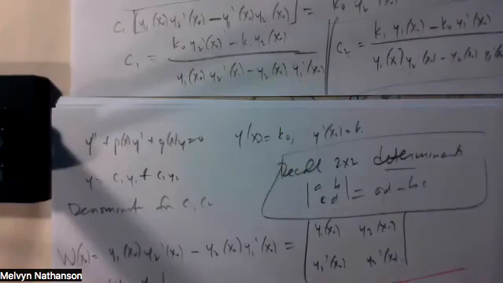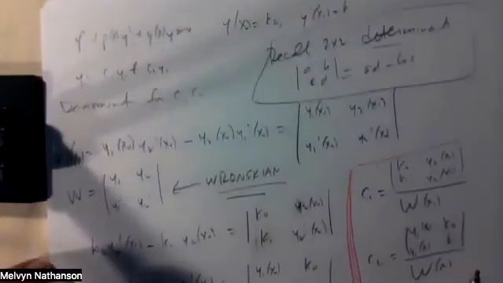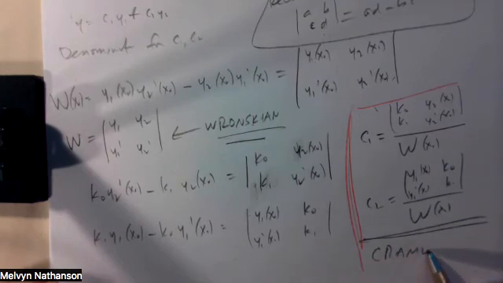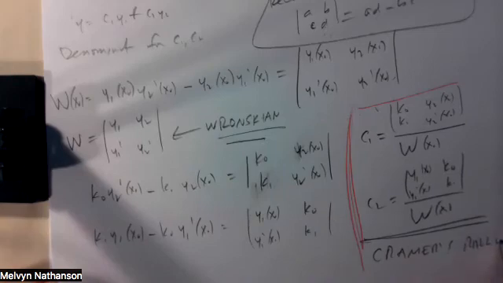In terms of determinants, C1 is the determinant k naught, k1, y2 of x naught, y2 prime of x naught, over the Wronskian evaluated at x naught, and C2 is the determinant k naught, k1, y1 of x naught, y1 prime of x naught, over the Wronskian evaluated at x naught. And if you remember high school algebra, this is exactly Cramer's rule for solving two linear equations.